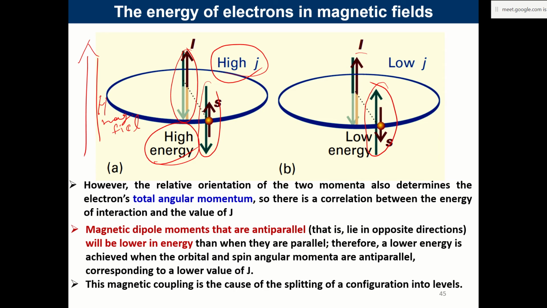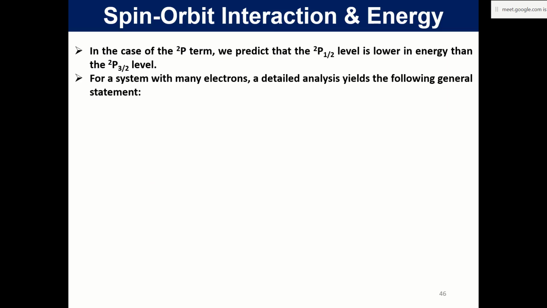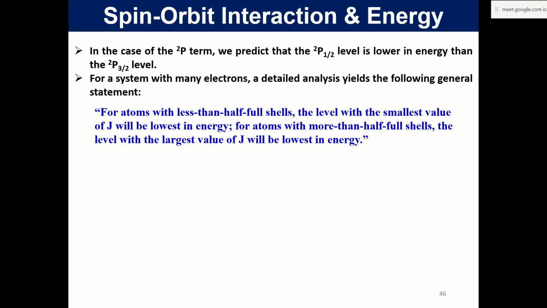So that was the idea that was earlier considered; these were the things already discussed, and I'm just giving a quick recap of what we have done. For less than half full, the smallest value of J will be lowest in energy, and it will reverse if it is more than half full.